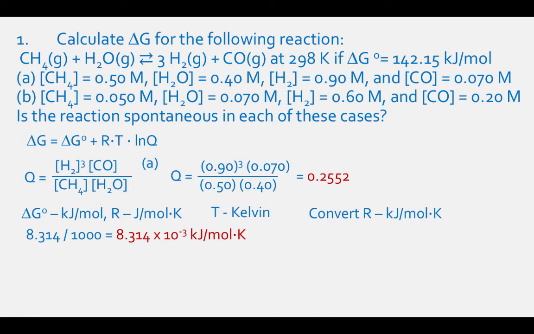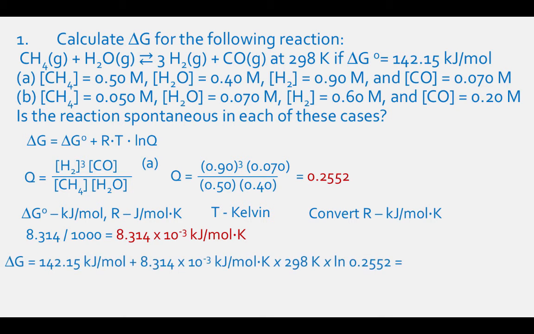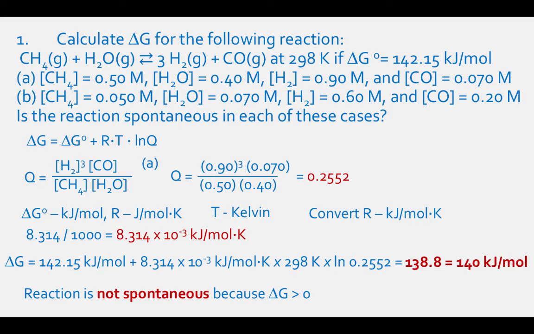Now let's plug our values in to solve for delta G. Delta G equals 142.15 kilojoules per mole plus 8.314 times 10 to the negative 3 kilojoules per mole times Kelvin times 298 Kelvin times the natural log of 0.2552. Our delta G equals 138.8, or to two significant figures, 140 kilojoules per mole. This reaction is not spontaneous because the delta G is greater than 0.